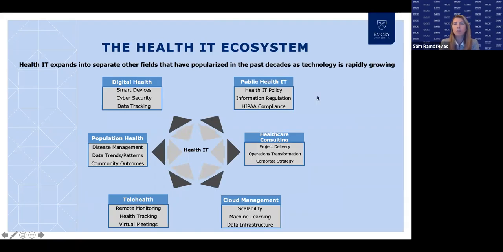The next thing we're going to talk about is the health IT ecosystem. Health IT truly expands into different other fields, and we can cover 6 different areas. For example, digital health. Digital health covers smart devices, cybersecurity, and data tracking. We go into population health and consider disease management, data trends or patterns, and community outcomes. The next one, which is something innovative and new in the field of public health, is telehealth: remote monitoring, health tracking, and virtual meetings, especially at this time of COVID-19.